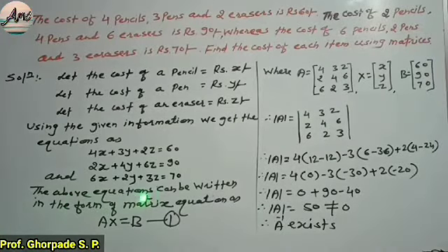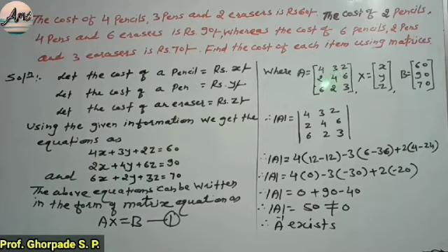So the above equations can be written in the form of a matrix equation AX equal to B. The equation AX equal to B is known as the matrix equation. See equation number 1. Here, what is A? A is a square matrix whose elements are nothing but the coefficients of x, y, z. The first row of this matrix is the coefficients of x, y, z of the first equation.